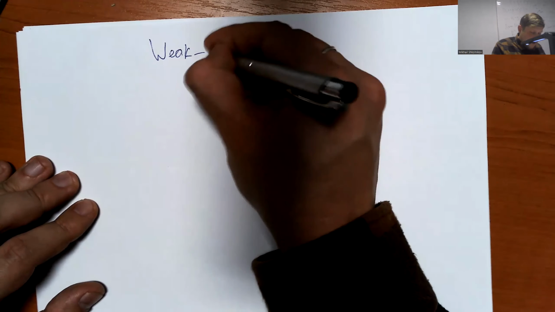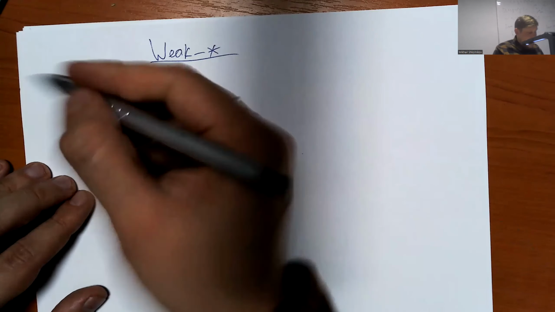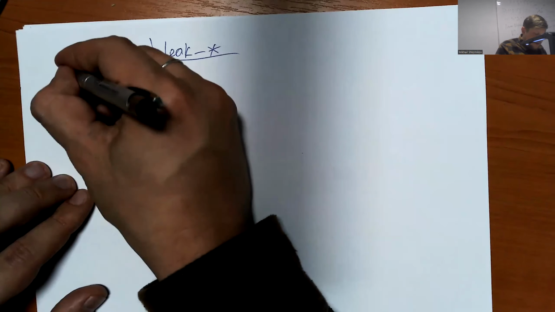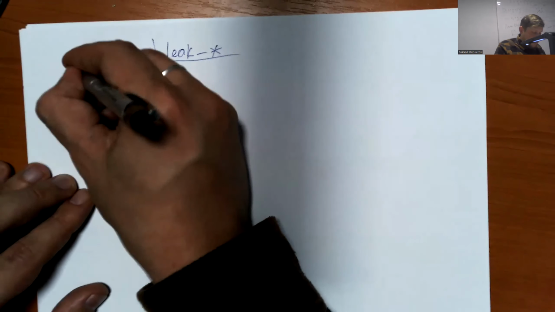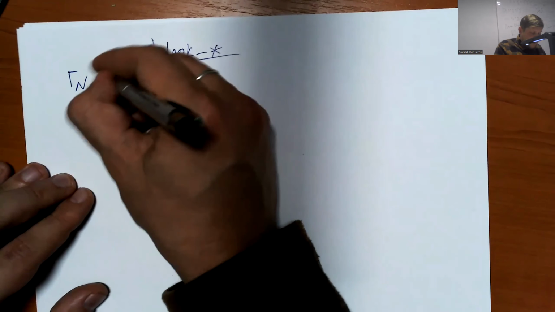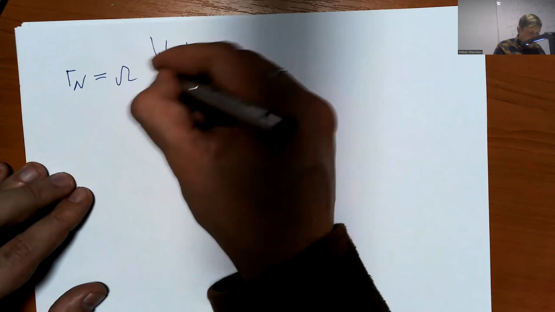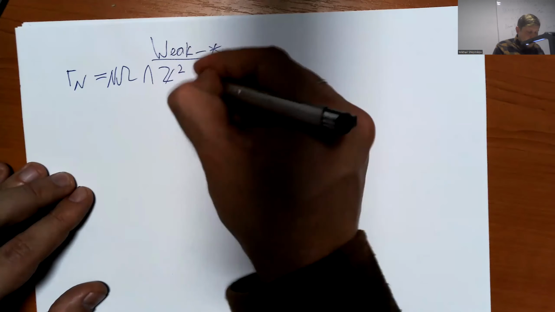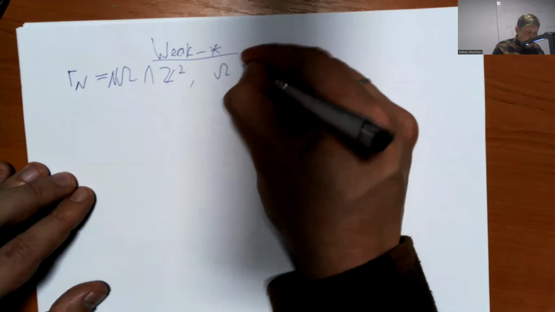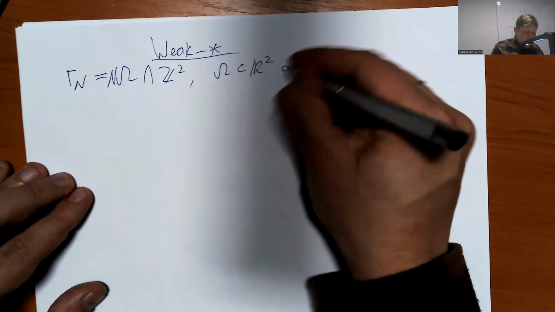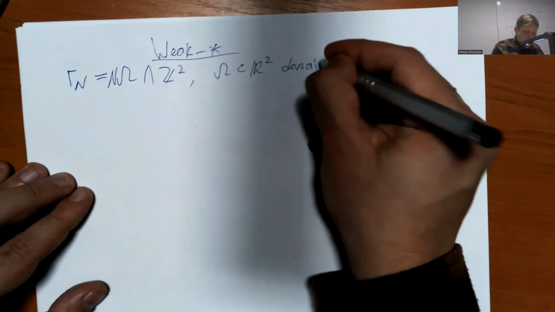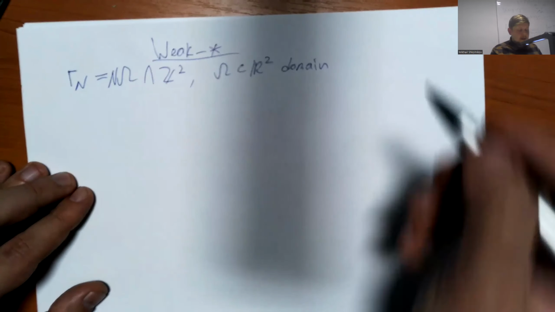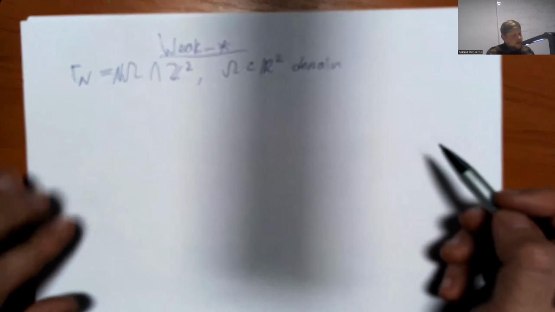Okay, let me recall weak star convergence. For that, I'll be thinking about a family of graphs, gamma n, let's say n times omega intersected with Z squared, where omega is some domain on the plane. So gamma n is a sequence of bigger and bigger domains.